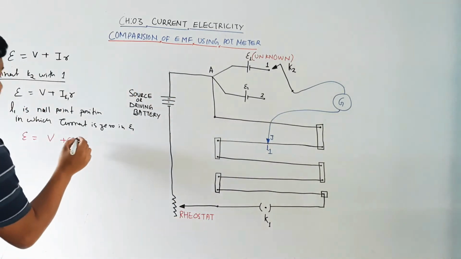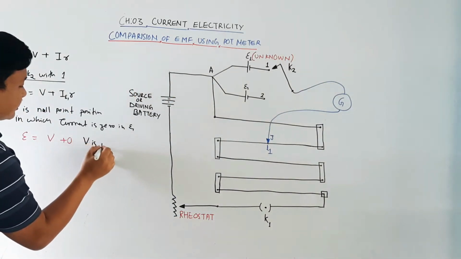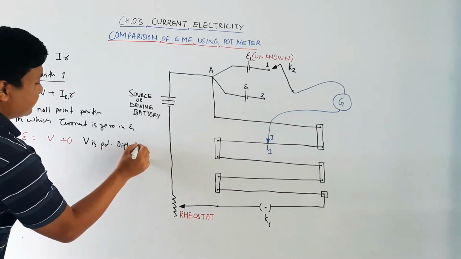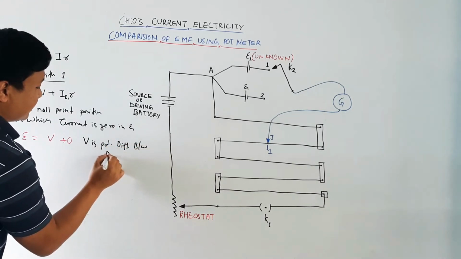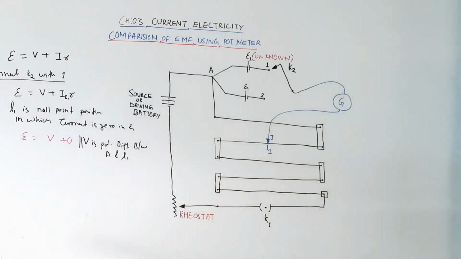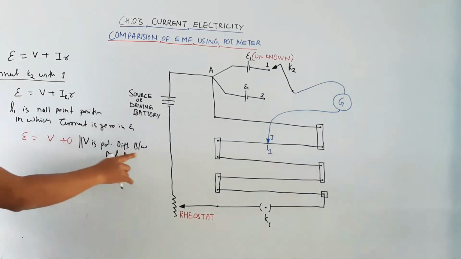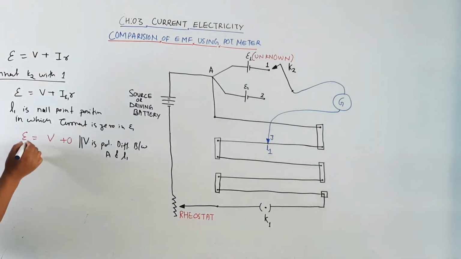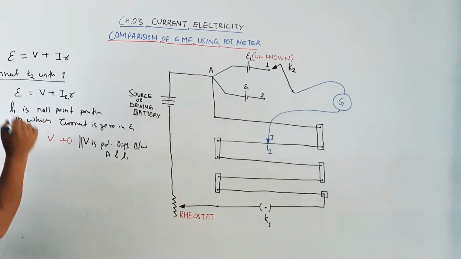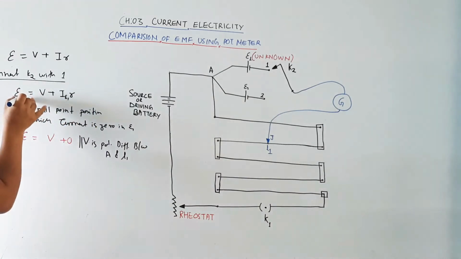So here V is the potential difference between A and L1, and this will be my E1.